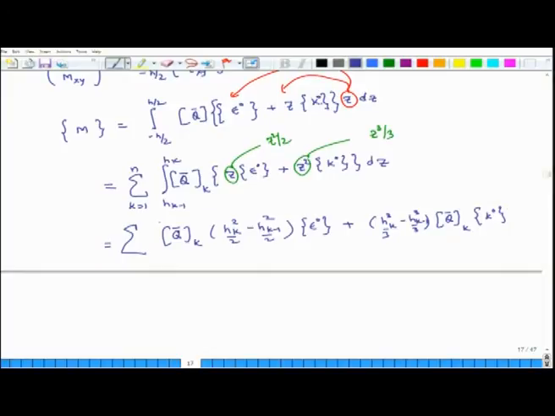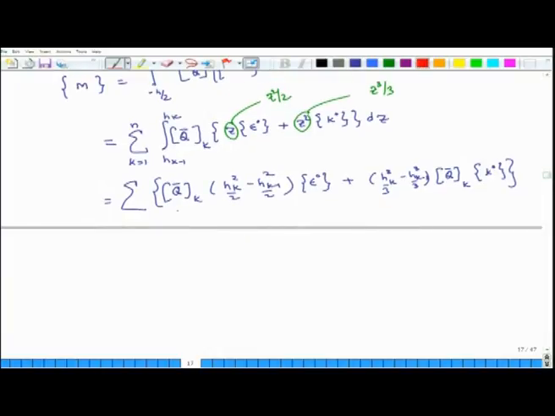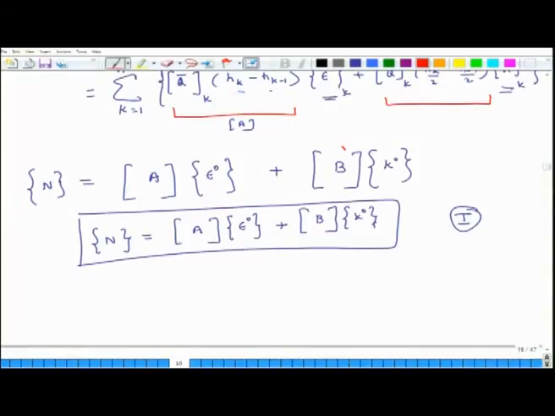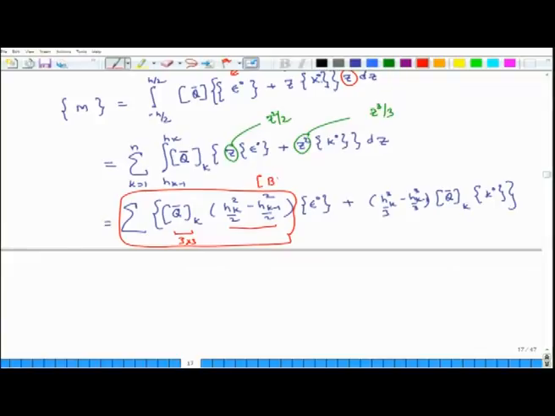And this is in a parenthesis. Once again, this is a 3 by 3 matrix, and this is just a number. This entire thing we have defined as the B matrix earlier. This is the B matrix.